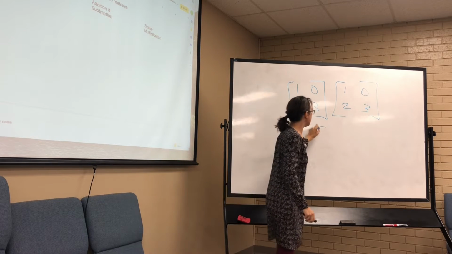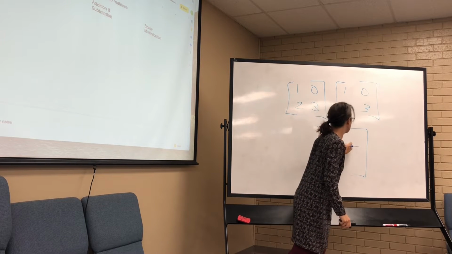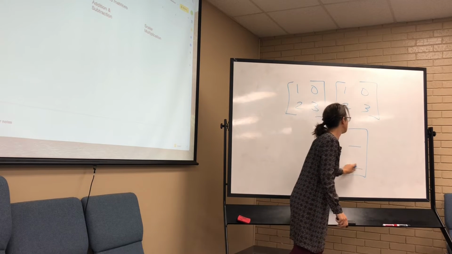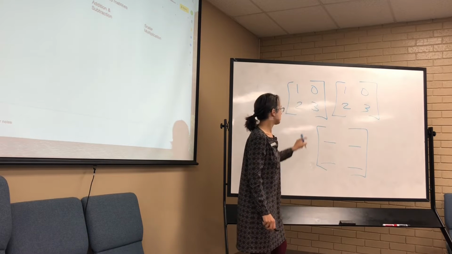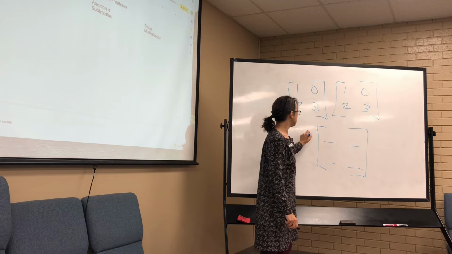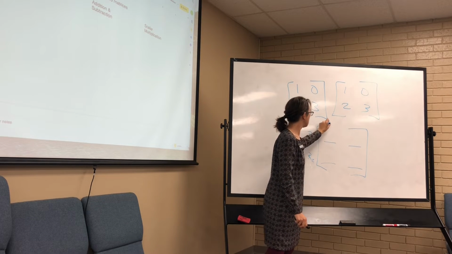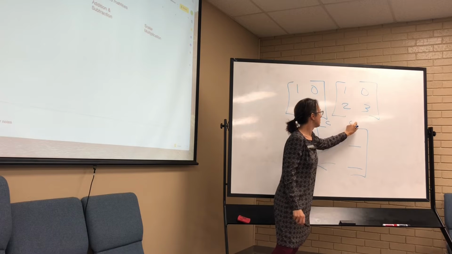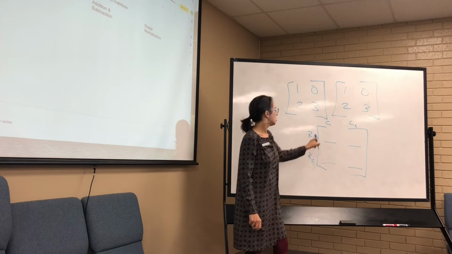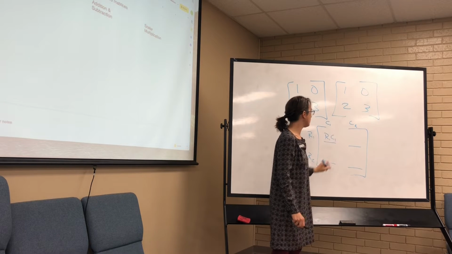When we think about entries, this is not on your notes, but it's good to write down. We will use this for the first one. I like to label my matrices. This is row 1, row 2, column 1, column 2. So if I'm looking at my first entry, it's row 1, column 1.